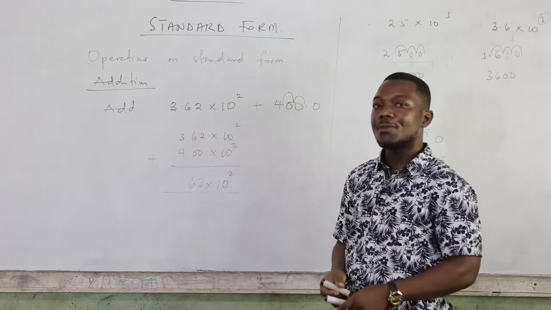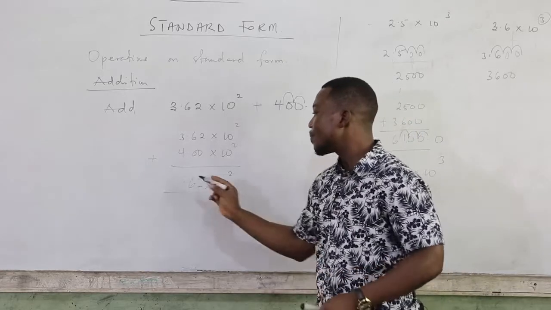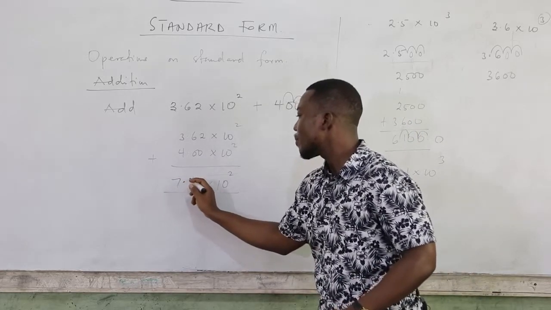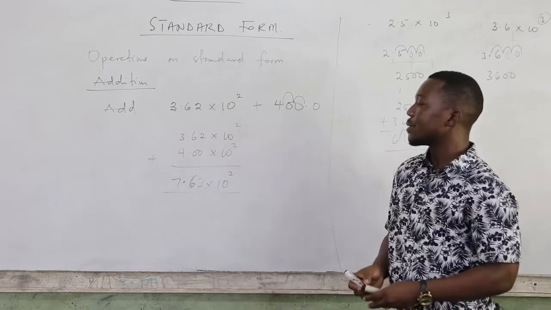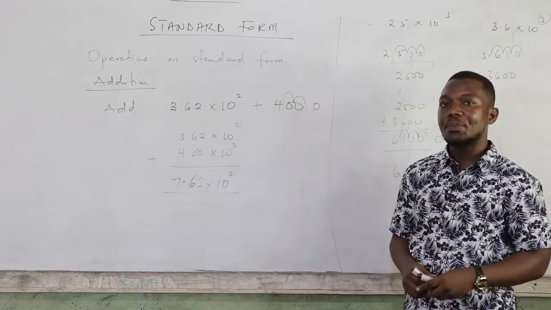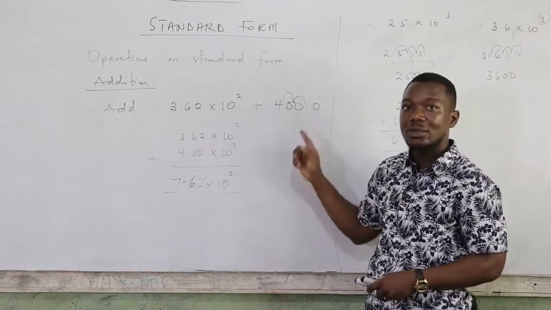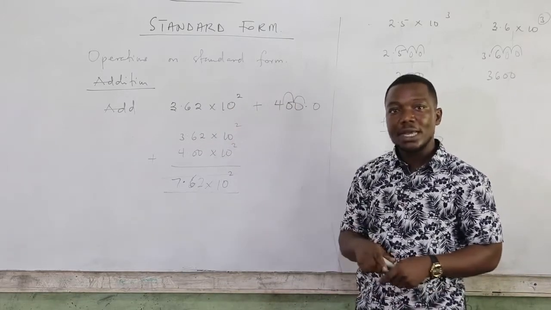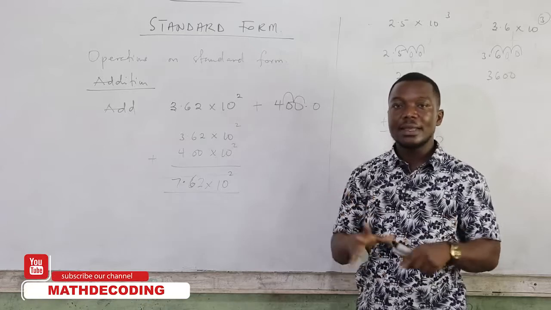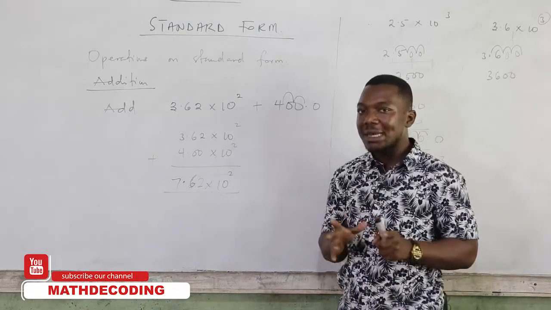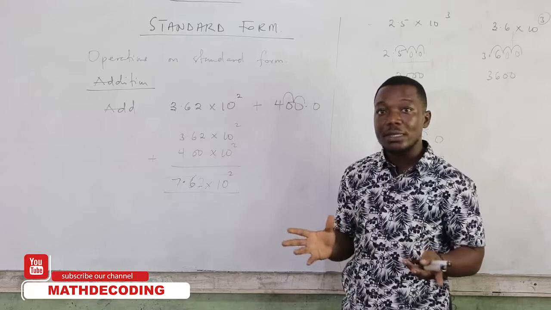And 3 plus 4, we have 7. Good. Now we've added them. This number had 10 raised to the power. This one didn't. We had to create it, make sure they have the same number of decimal places, and then we add them. Now we are picking other scenarios as the work gets more interesting.